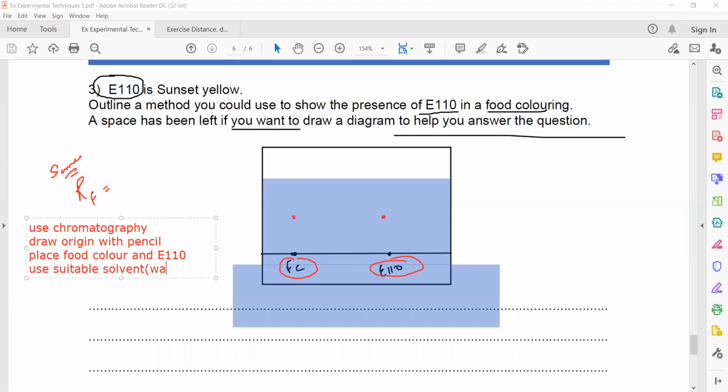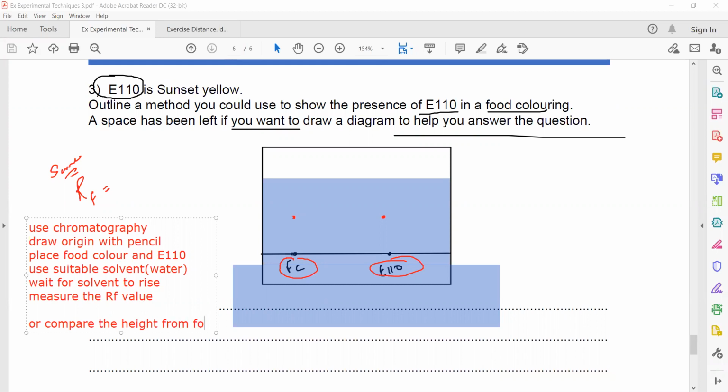Example, here we are using water. Then wait for the solvent to rise. Then measure the RF value or compare the height of the spot from the food color and the spot for E110.